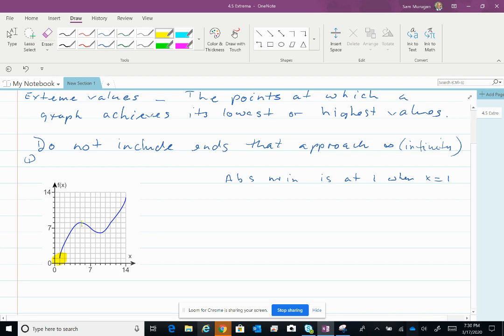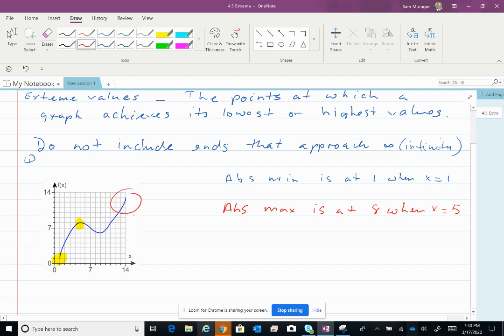And then the absolute maximum is at 8 when x is equal to 5. In other words, 1 and 8 are the y values for these x values.